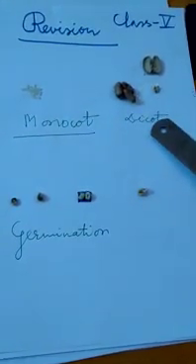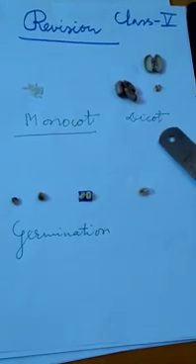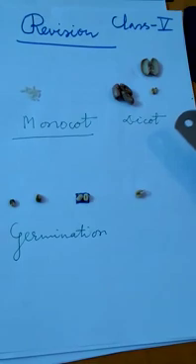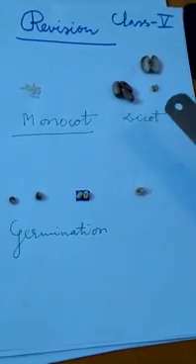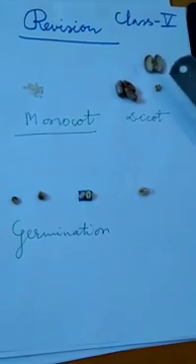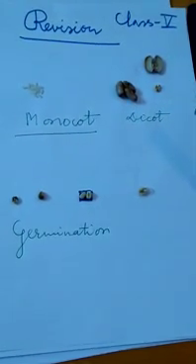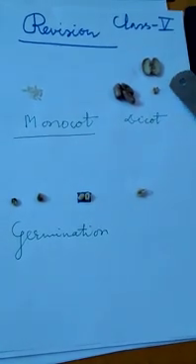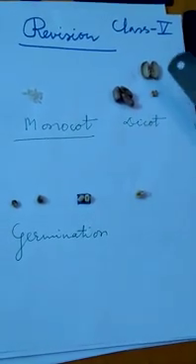And you saw the dicotyledon seeds: all the pulses, you can say rajma, arhar, moong, black gram, all are having two cotyledons. And besides these, mango and neem are all dicotyledon seeds having two cotyledons.